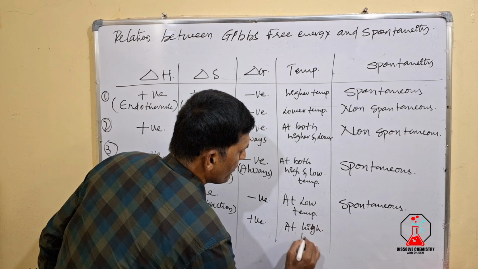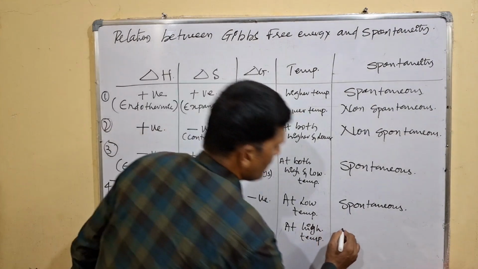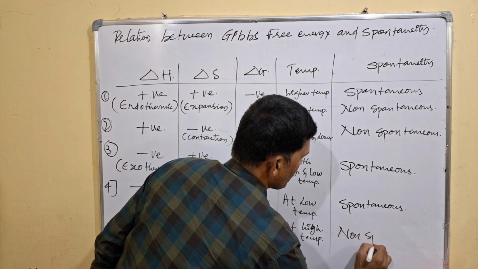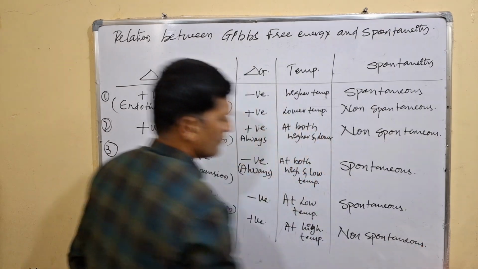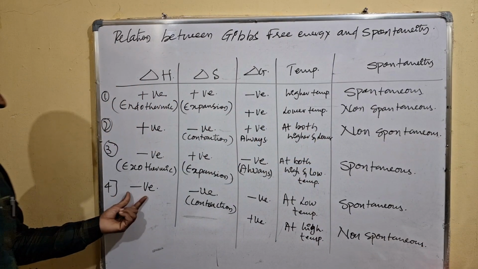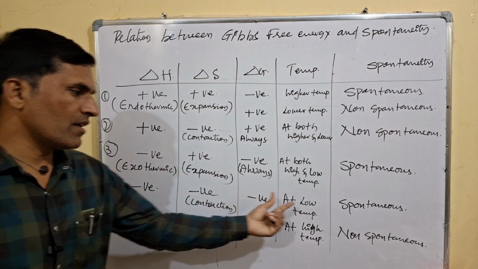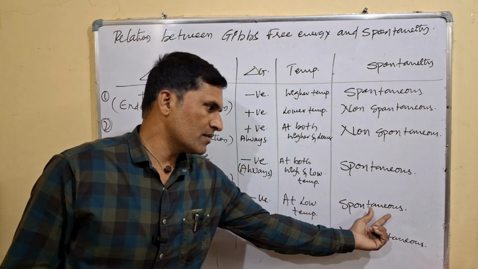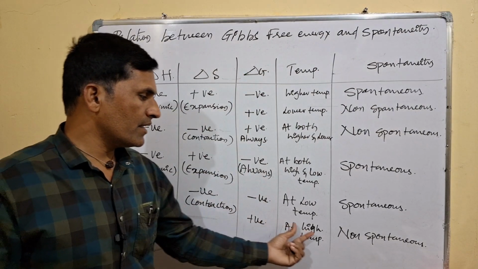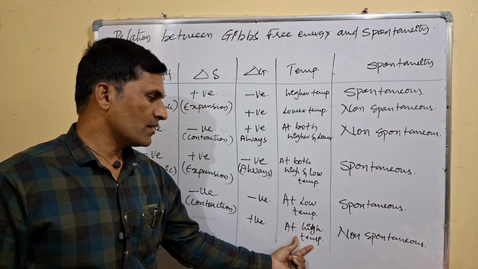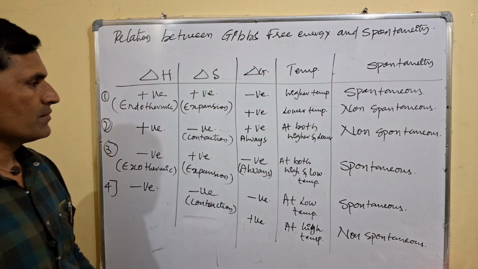It means it depends upon the temperature. You should remember that. So therefore it is non-spontaneous at high temperature. So if both are negative, then delta G will be negative at low temperature and it will be spontaneous, and if delta G is positive at high temperature, then it is non-spontaneous.